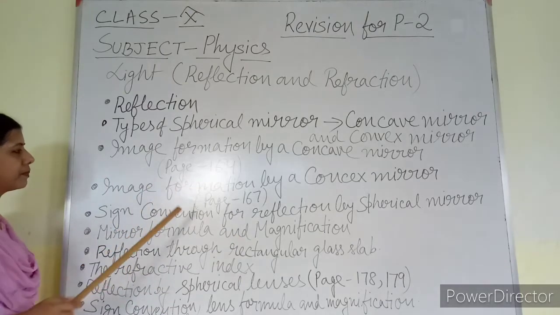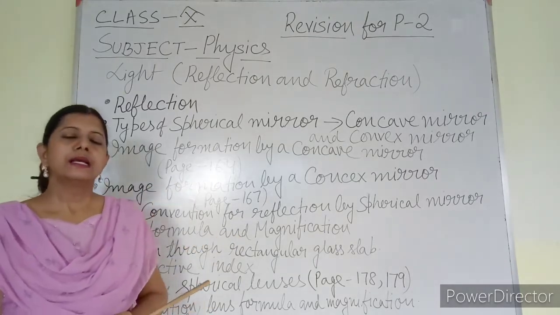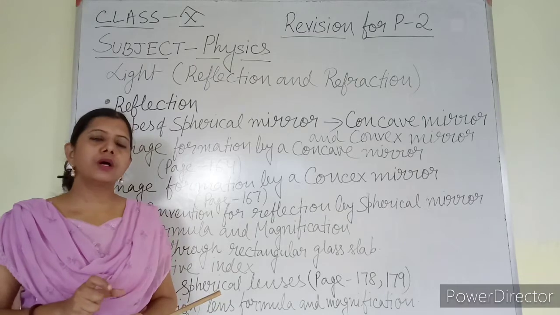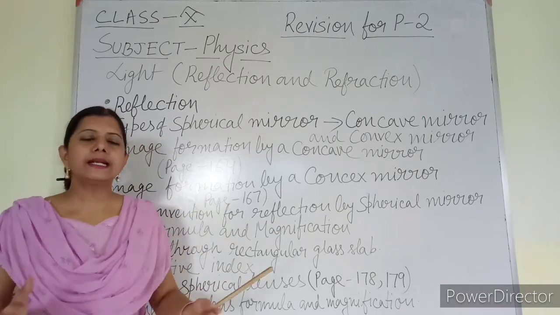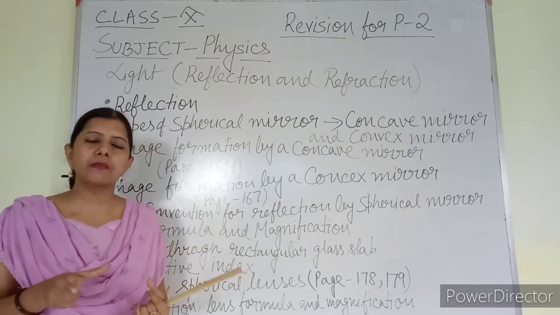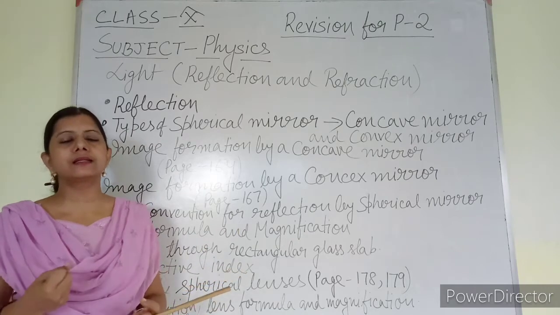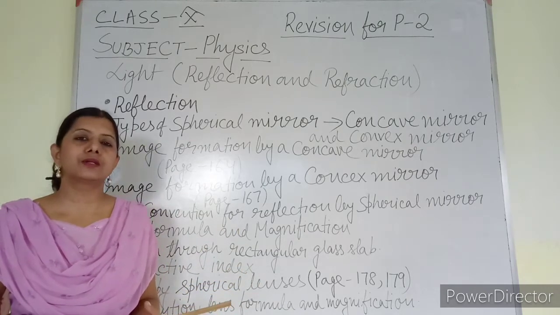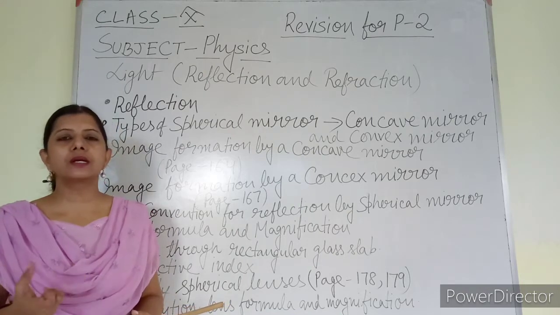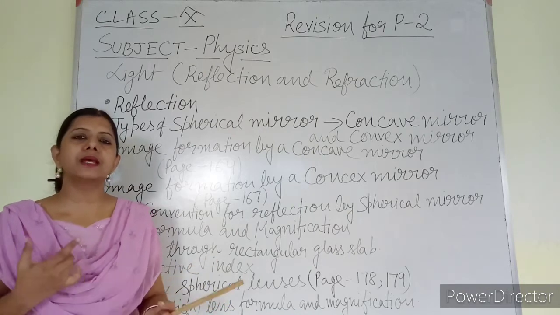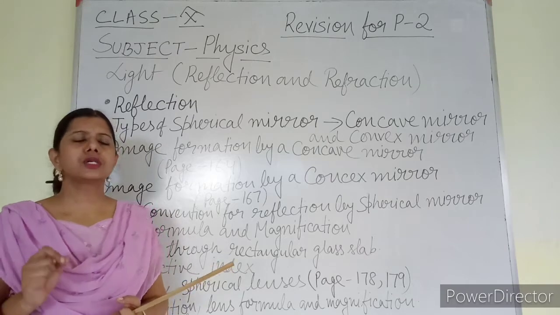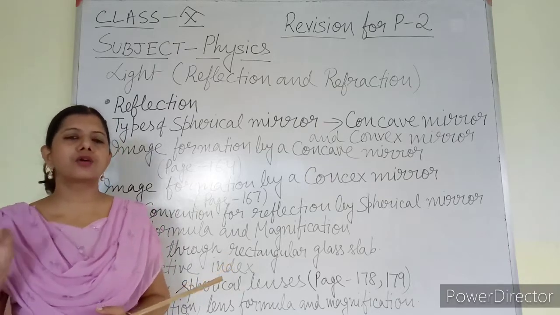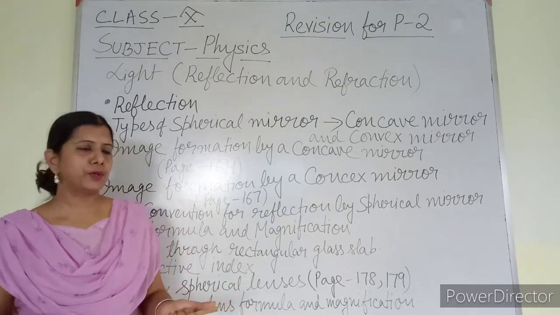If you open page 164, there is a table, so you have to learn it in tabular form. If you remember the table, you can write the answer to any question that is given to you. From the table you can also understand the image formation. So just roughly practice 1 or 2 diagrams, it will help you.